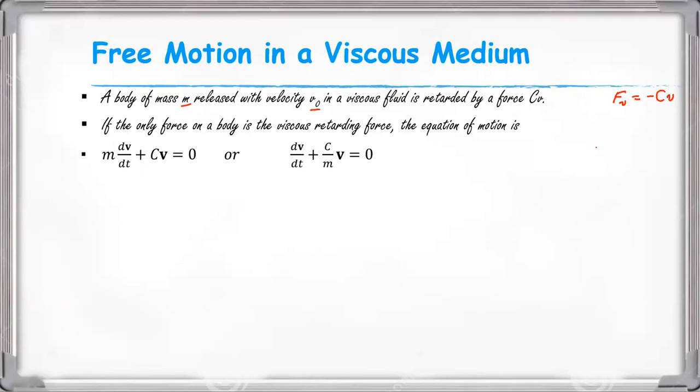To write the equation of motion, we have to use Newton's second law, that is F is equal to m into a. Here a is the acceleration.